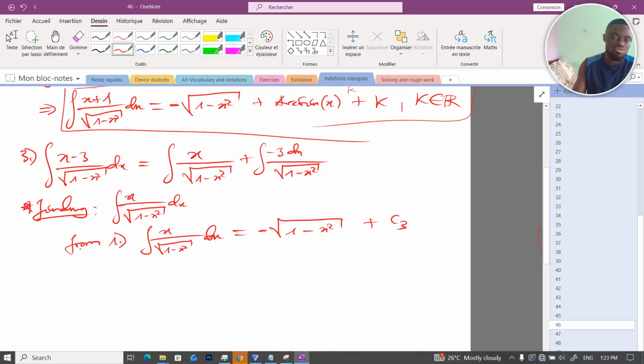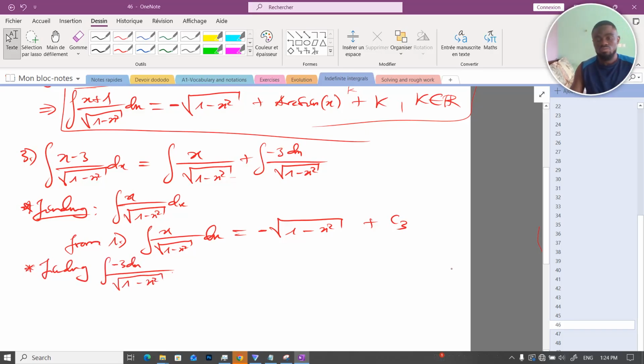Let's call it c3. Now, let's integrate this, finding the integral of what? Minus 3 dx on the square root of 1 minus x squared. Okay, very good.